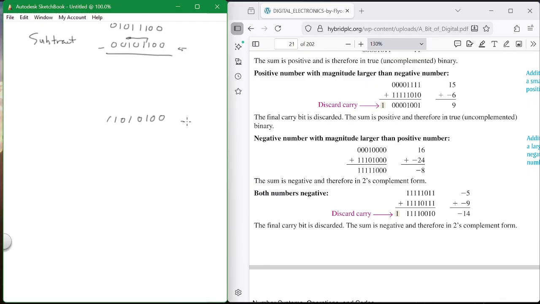So this is the negative of that number right there. And then I add this number to it. A lot easier. 0, 0, 1 and 1 is 0, carry 0, 1 and carry 1, 0, carry 0, and I'm gone.